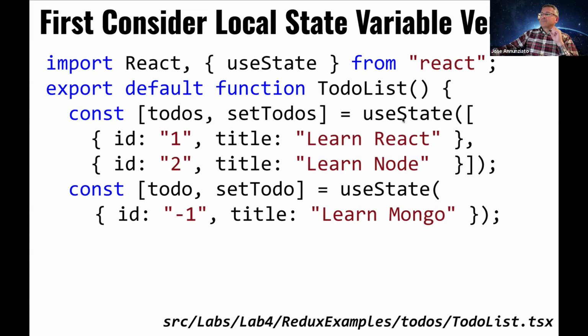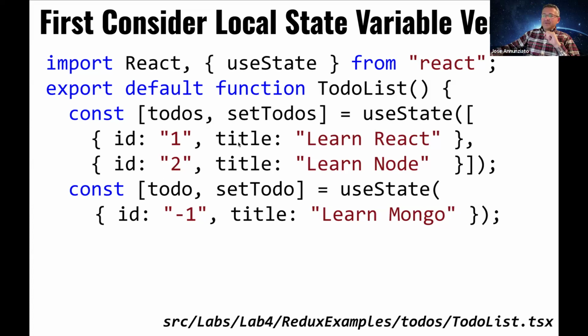Okay, so we have useState with an array of objects. This is a little more interesting implementation, where we have an array of objects now, right? So the to-dos is an array of two to-dos, with two IDs, and then the titles: learn React, learn Node. And we also have another state variable where we have a single to-do. So this one is an array of to-dos, where this is a single to-do.